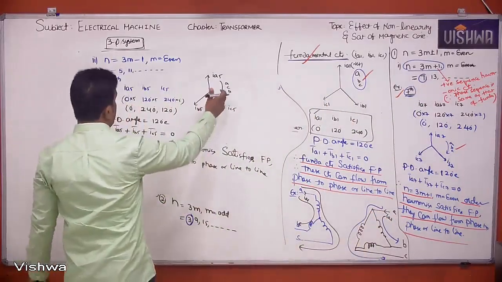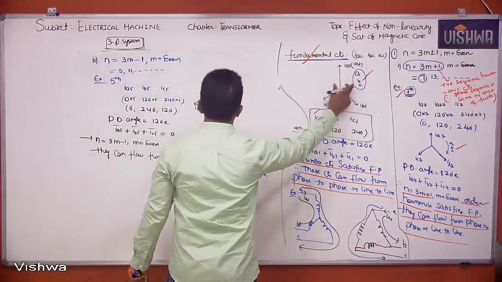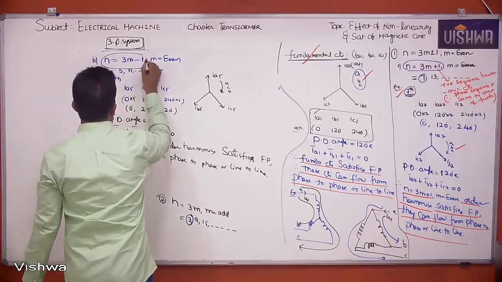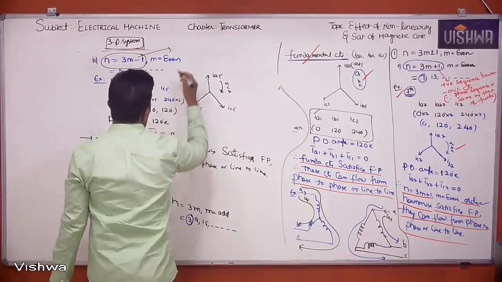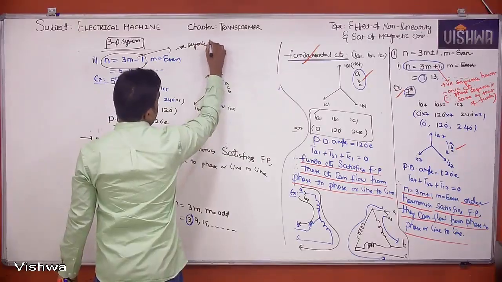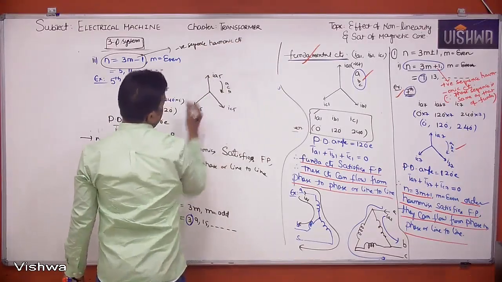What is the phase sequence of the fundamental? ABC. Therefore, we call n equal to 3m minus 1 odd harmonics negative sequence harmonic currents.